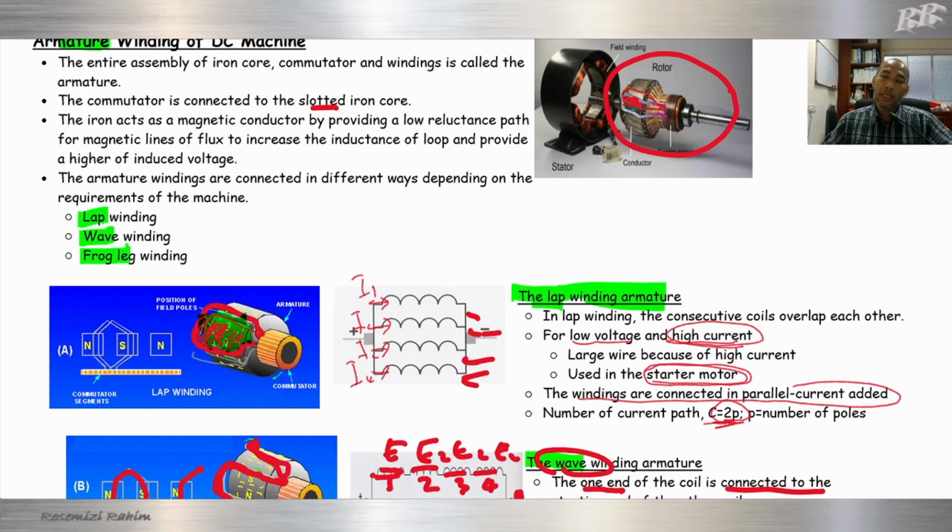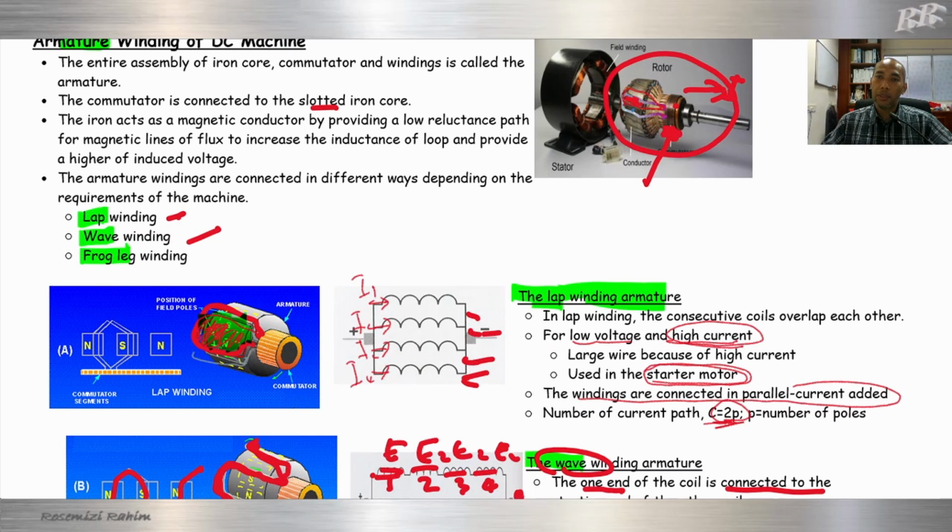The amount of voltage or current depends on the winding. If we use lap winding, we can produce high current at our rotor. If we use wave winding, we can produce high voltage at the rotor.